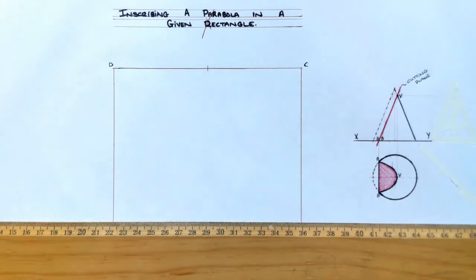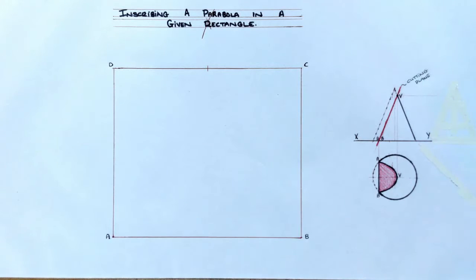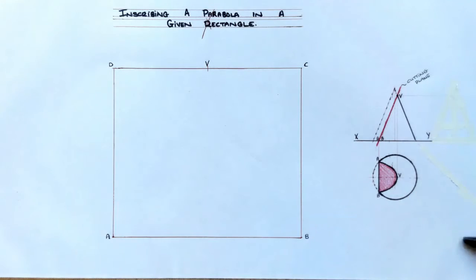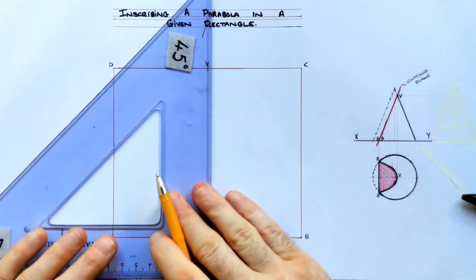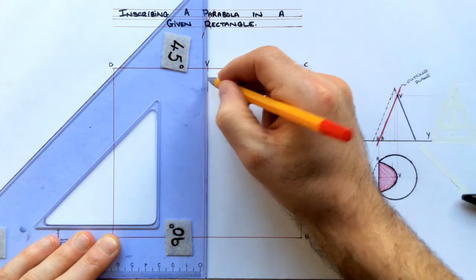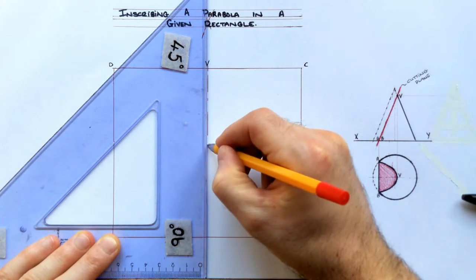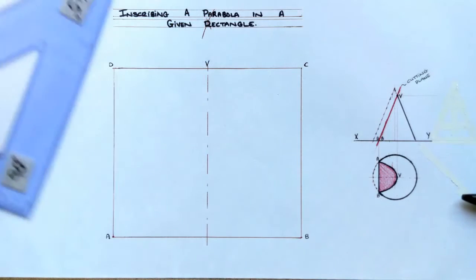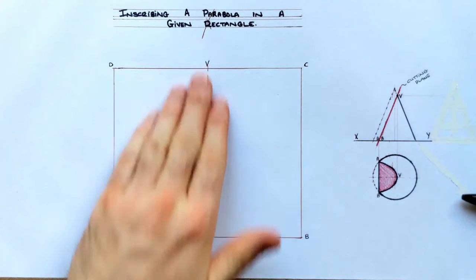I've bisected that line, and now I've indicated the point V, which is my vertex of the parabola. That is an axis line, so I'm going to draw on my axis line. An axis line is long dash, short dash, long dash. There's my axis going right up the middle.